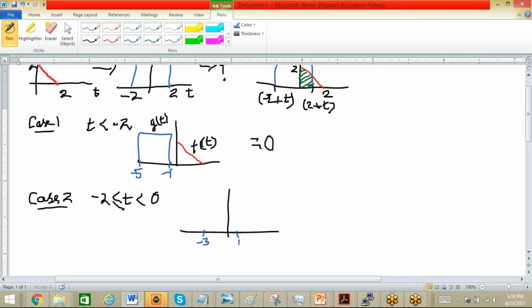We have something like this. This will be our system, that is g(t). And this time our function f(t) will be something like this, 2, 2. You can observe that we have a partial overlap over here.